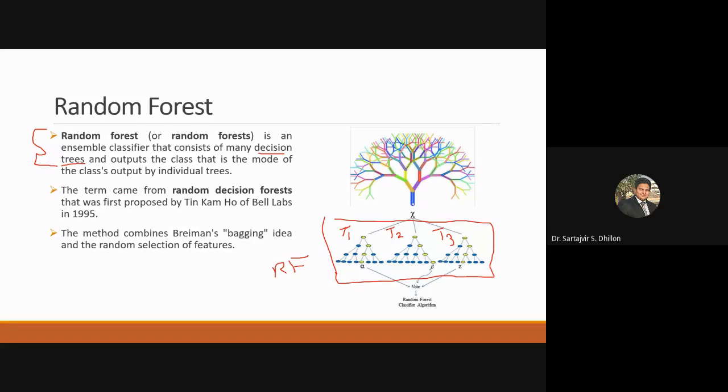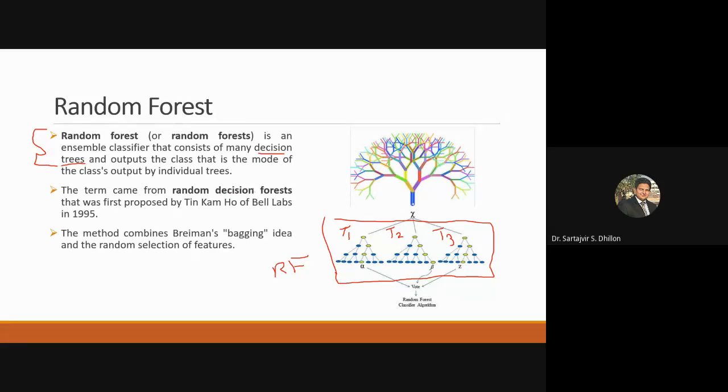The term random forest came from random decision forest. And yes, there are some different names for the random forest. You can also say it is a random decision forest, or a random decision tree.